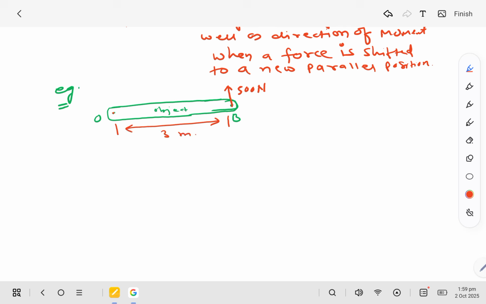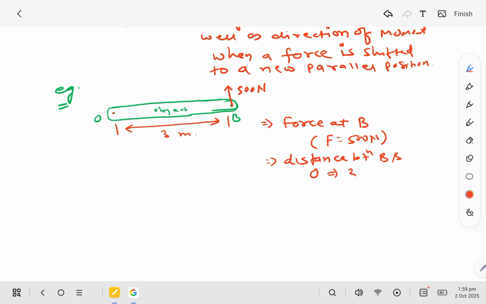So the force at B has a value of 500 Newton, and the distance between B and O is 3 meter.